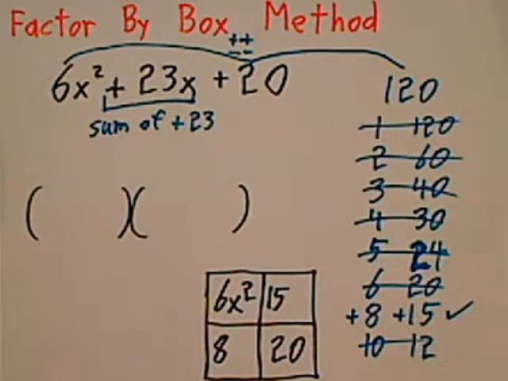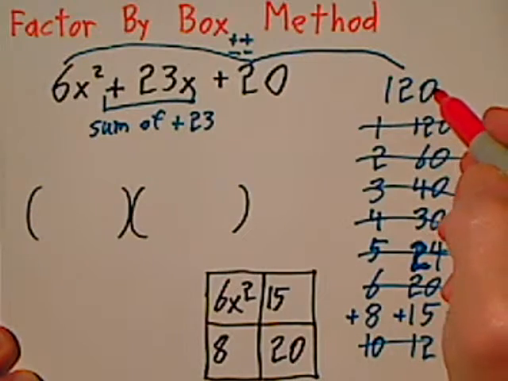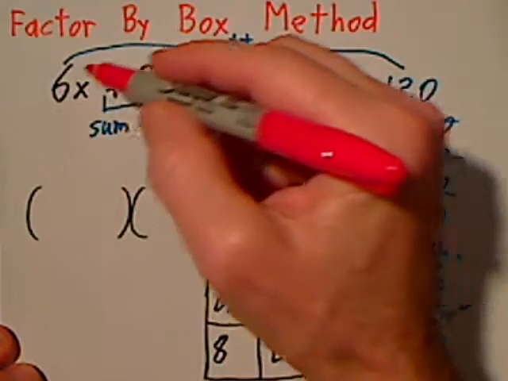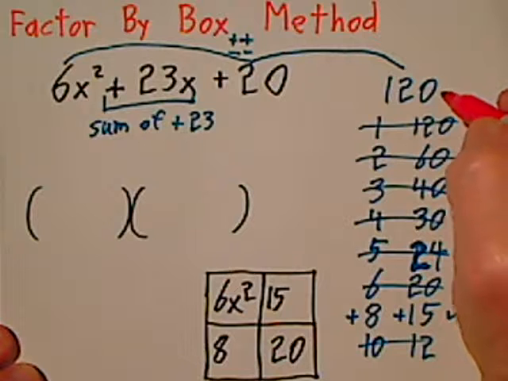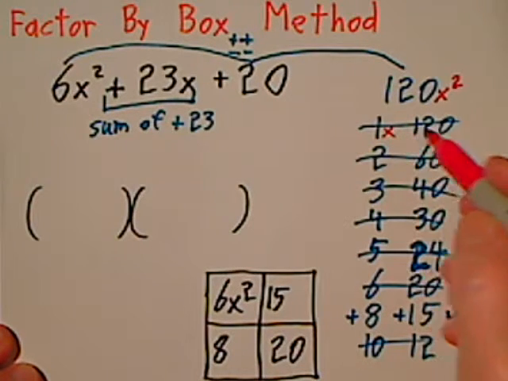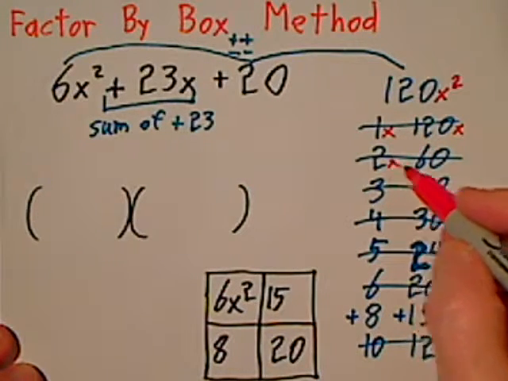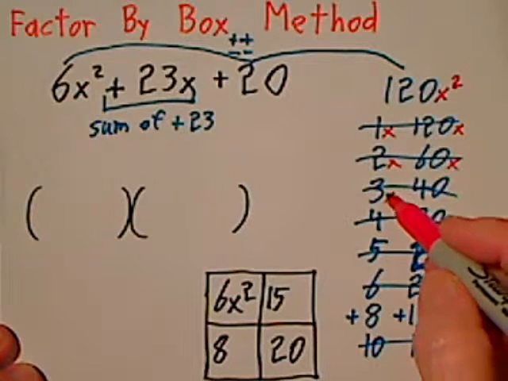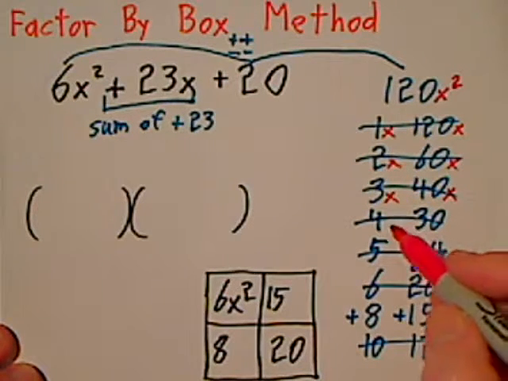Now there's one other thing to keep in mind here. If we back up to here, this was 6x squared times 20. That actually gave us 120x squared. So each of these terms actually has an x, but it's way too much trouble to keep writing them every single time.